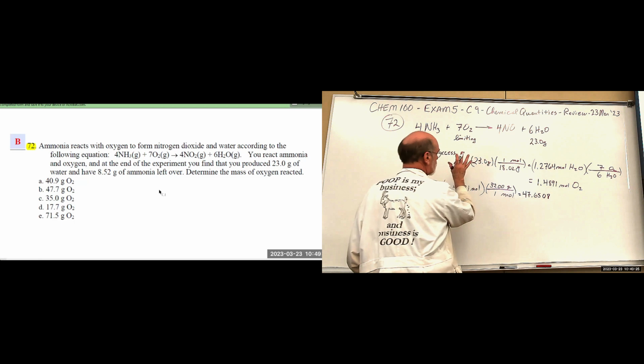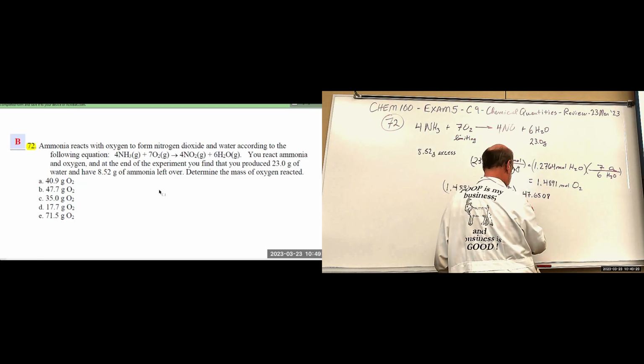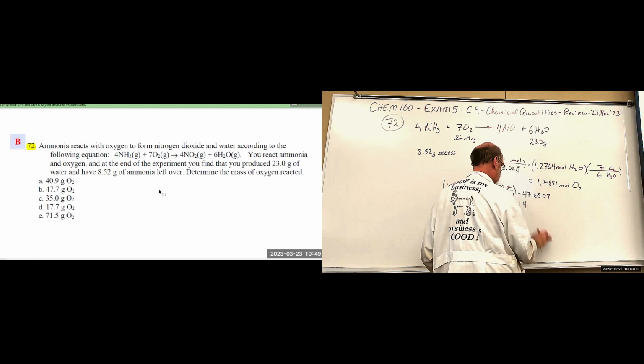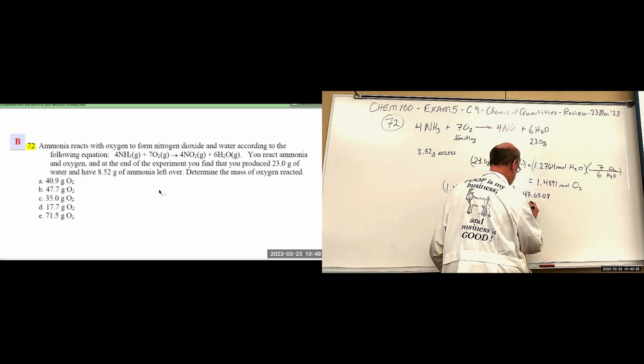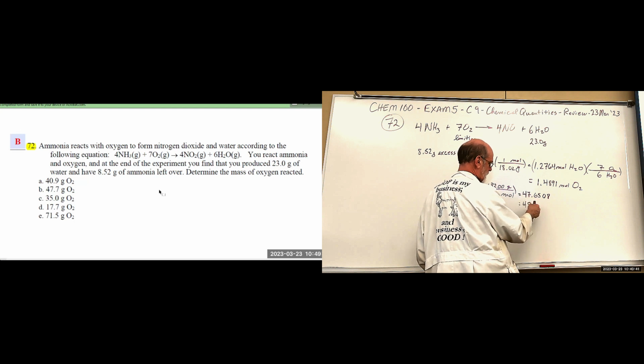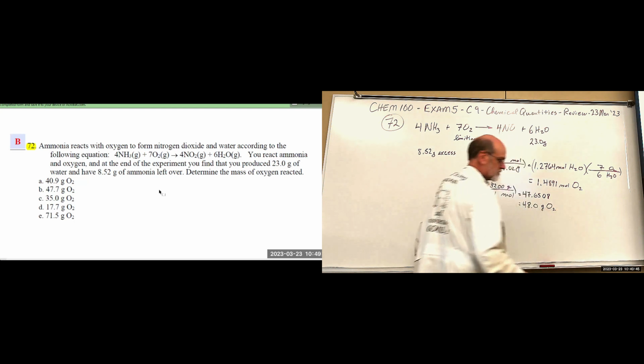All right, we have 3 significant figures. So I got to go 48. I can do better than that. 48.0. Right? More than 5, round it up. That one becomes 0. This is grams of oxygen.